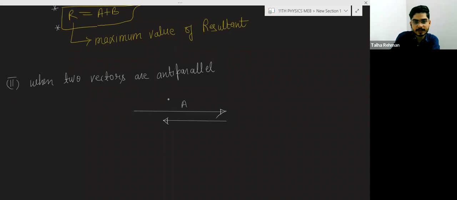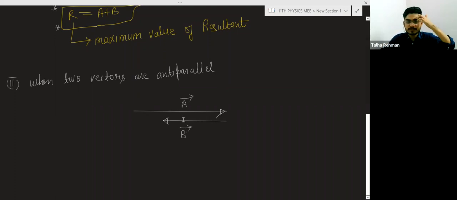Suppose this is the A vector and this is the B vector. One more thing I want to tell you: we can shift this vector onto this vector. This is known as the parallel shift of a vector. I will tell you later, but you can shift this vector like this. Both are the same.